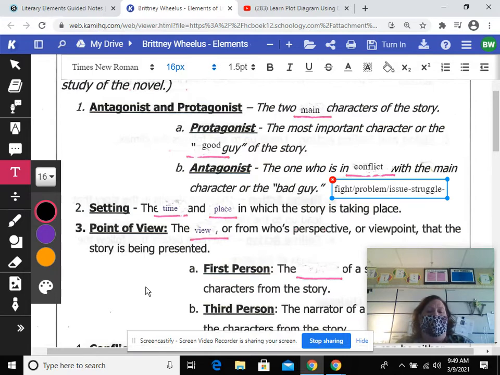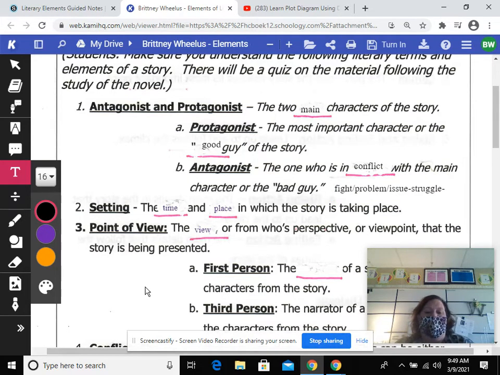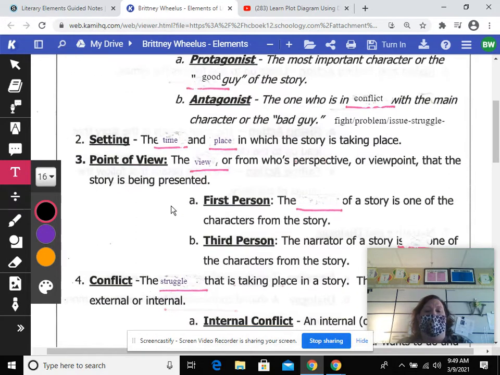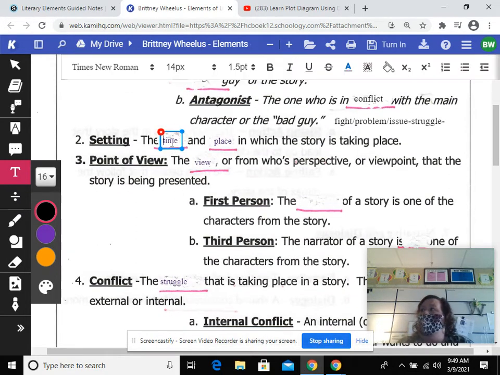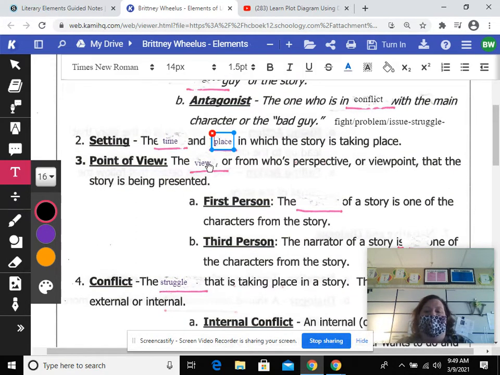All right, setting of a story. The time and place in which the story is taking place. Now, what is the setting of Old Yeller? It's in Texas. Anybody remember what year?